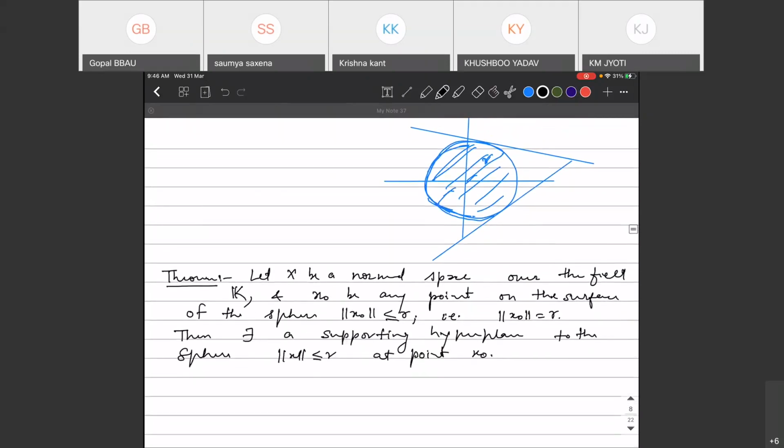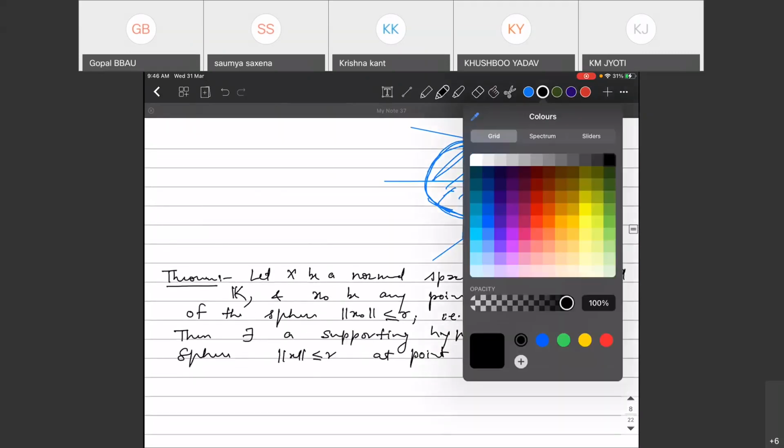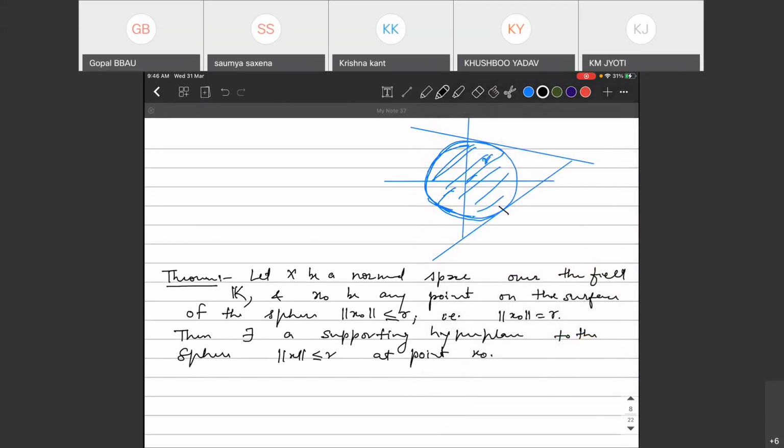So in the above figure, if this is the point x naught, then we will get this hyperplane. If this is another point, say y naught, for this point y naught we will get this hyperplane as a supporting hyperplane at y naught.